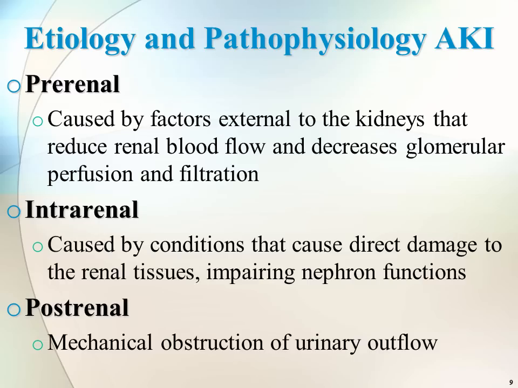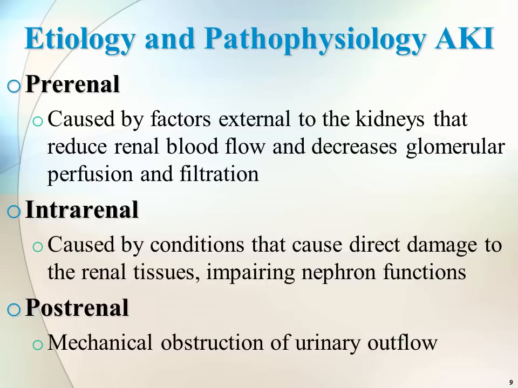So when we talk about pathophysiology and the etiology of acute kidney injury, we say it comes in 3 ways: a pre-renal cause, an intrarenal cause, and a post-renal cause. In a pre-renal cause, it's anything that affects the blood flow to the kidney.